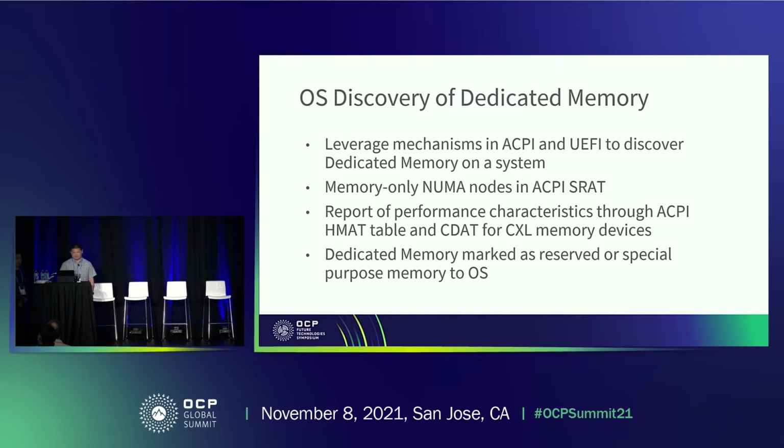In terms of performance characteristic reporting, we are planning to leverage the ACPI HMAT table and also the CDAT table that's been defined for CXL memory devices to understand, for a particular dedicated memory type, what its performance characteristics are. In terms of platform firmware, we expect it to report the areas of the system address map that have been assigned to dedicated memory devices. We're expecting platform firmware to mark those as either reserved or with a special purpose memory attribute.